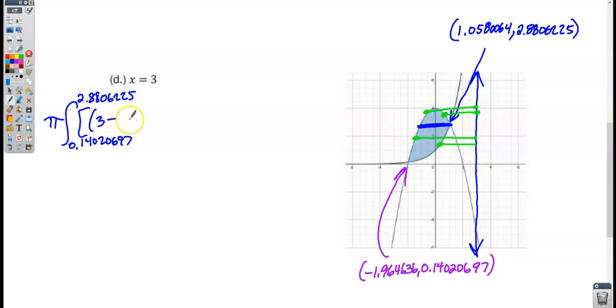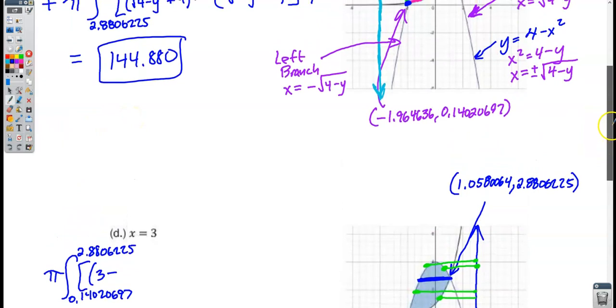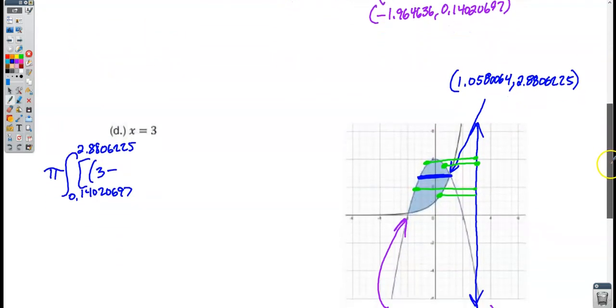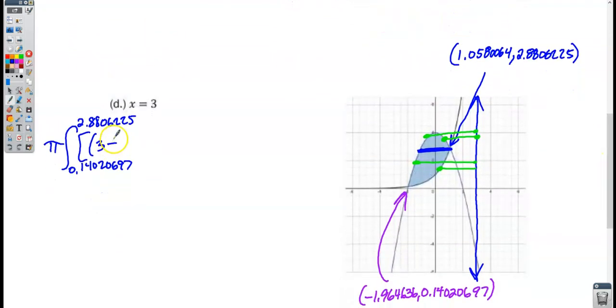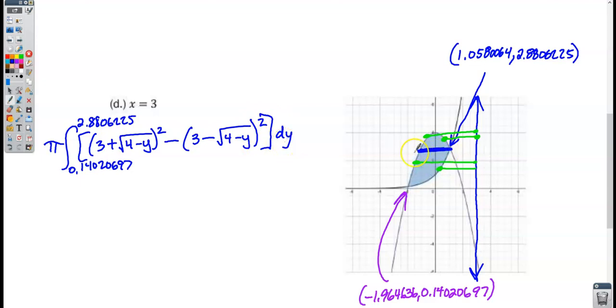So we've got 3 minus the left branch of the parabola, which was negative square root of 4 minus y. So 3 minus negative square root of 4 minus y becomes 3 plus square root of 4 minus y, that whole quantity squared, minus the inner radius, which is going to be 3 minus the right-hand branch, which was positive square root of 4 minus y. And there's my setup for everything below the blue horizontal line.